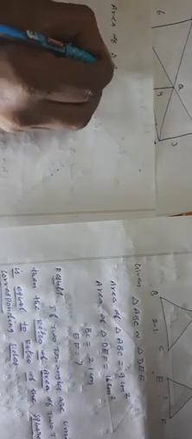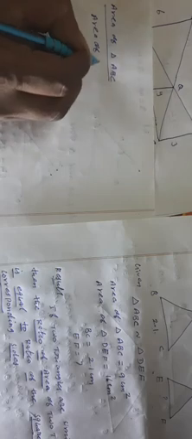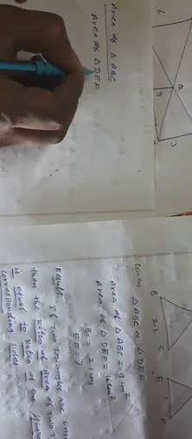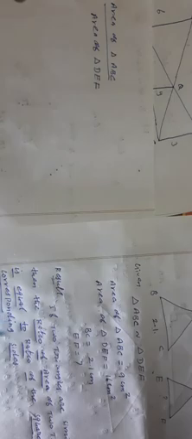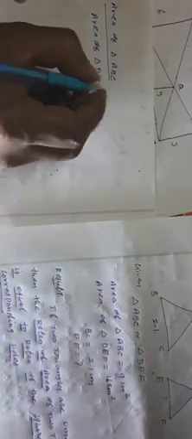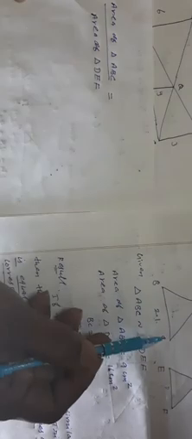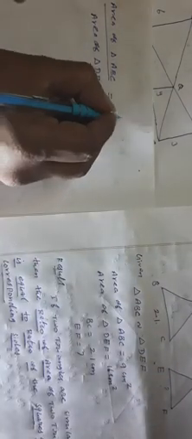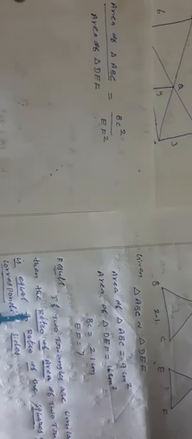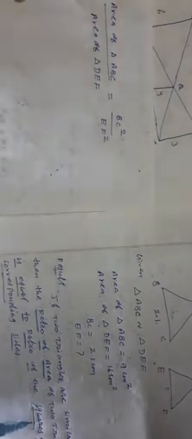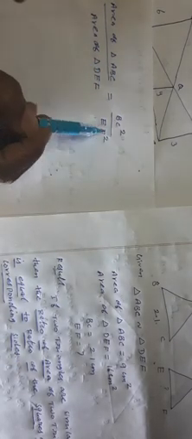Area of triangle ABC divided by area of triangle DEF is equal to the ratio of the squares of corresponding sides. Here the corresponding sides are BC and EF, so we can take BC square and EF square, because the condition is that the ratio of areas is equal to the ratio of squares of corresponding sides.